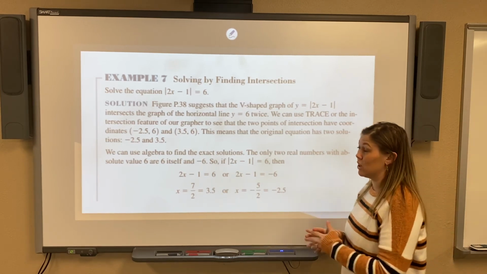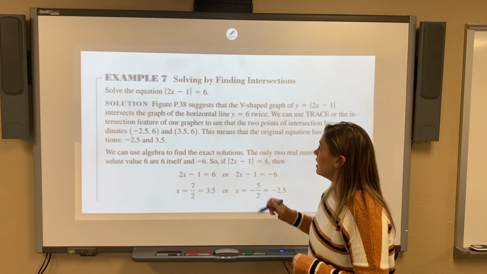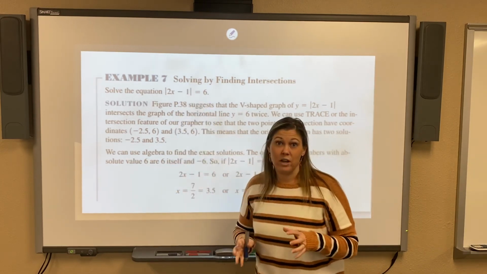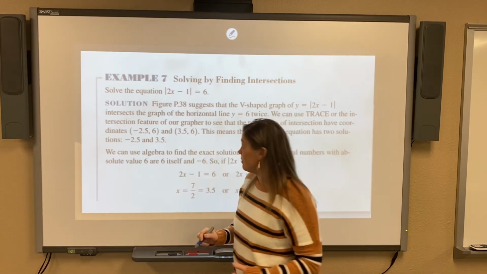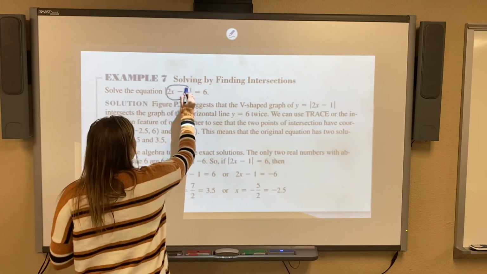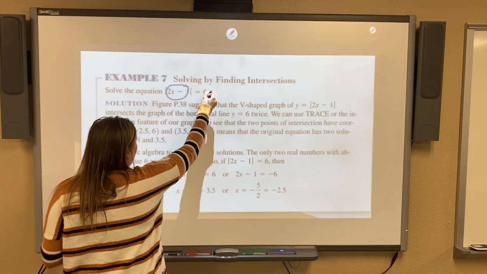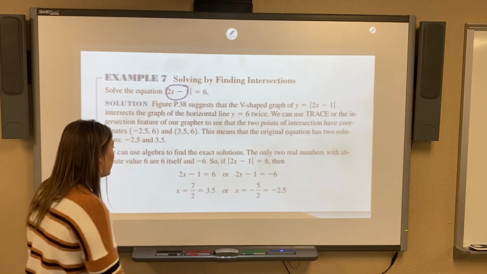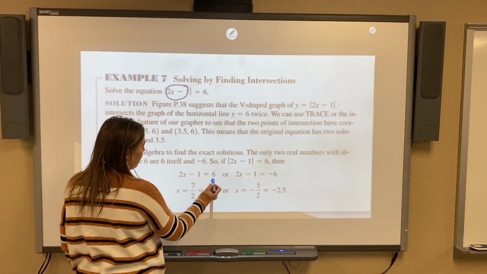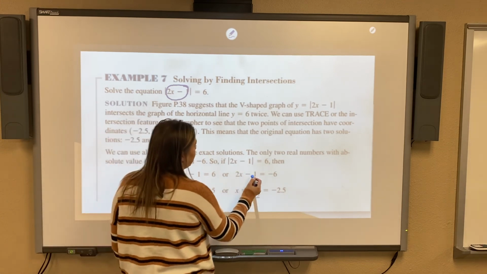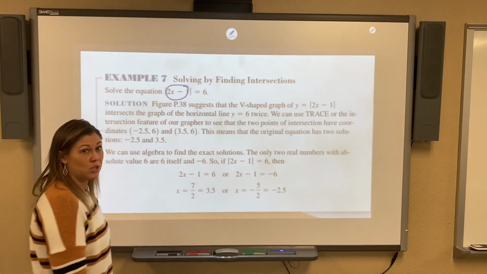But how you find it is, remember, if you take the absolute value of anything, it's a positive number. So this inside right here can equal a positive 6, but this inside can also equal a negative 6. So we can have 2x minus 1 equals positive 6, or 2x minus 1 equals negative 6. And then we just solve.